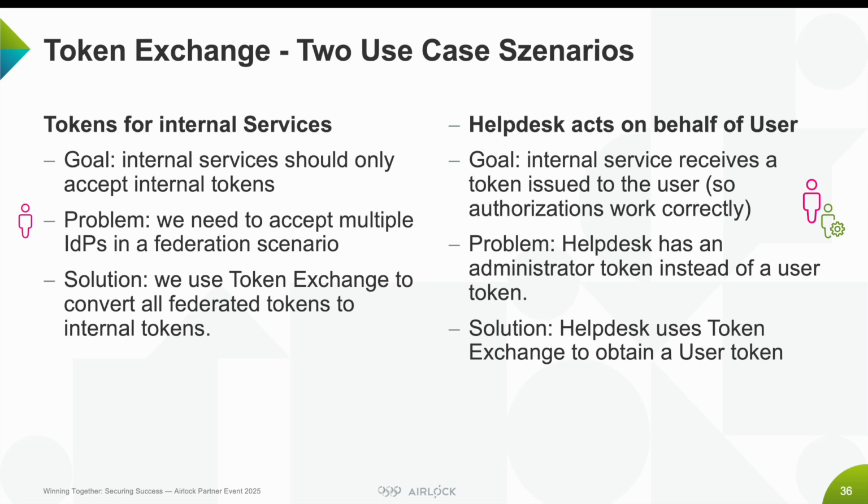The second scenario is that we have a help desk user that wants to act on behalf of the user. Now, if your application supports that, fine, you don't need to do anything. The help desk user logs in and basically says, I need to act on behalf of that user, and you're done. If the backend application doesn't support it, then token exchange could be a feature that you could use to enable the backend application for this type of scenario.